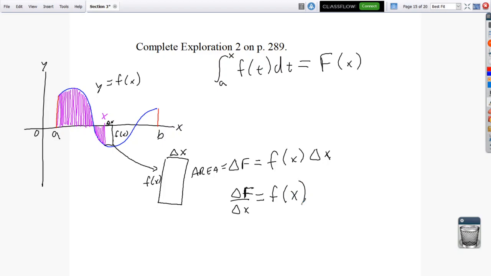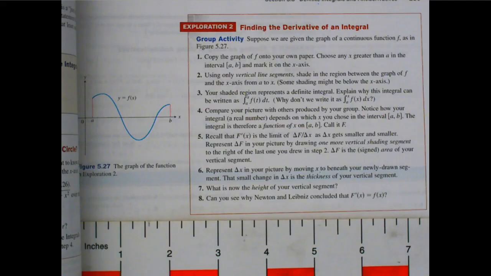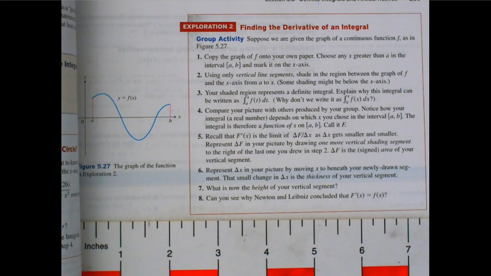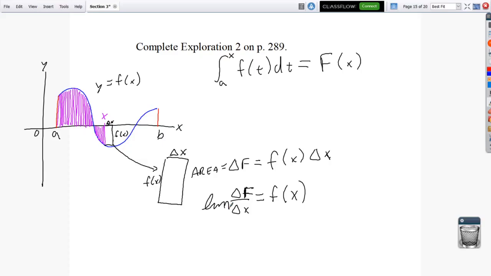What we're saying here is if I took the limit, again in step number 5, it says F prime is the limit of delta F over delta x. Let's look back over here.